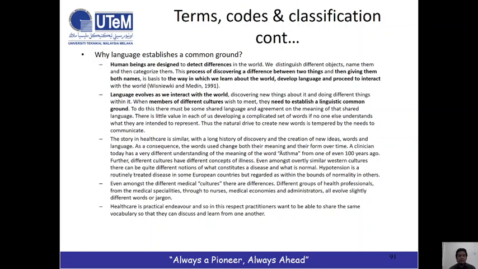So in general, language is very important to establish, especially in the healthcare discipline. When we want to develop the healthcare information system, we use a computer to store the information. The computer doesn't understand what you said, or what you wrote in free text.